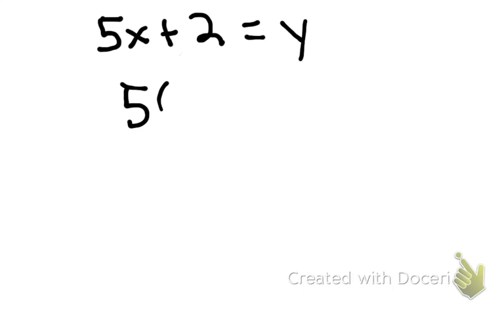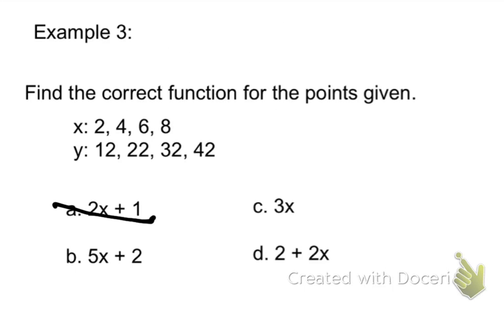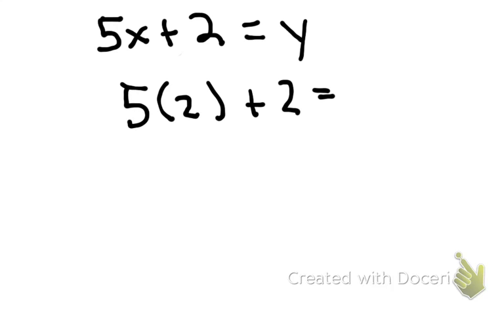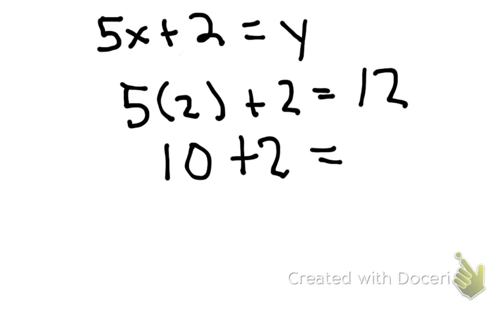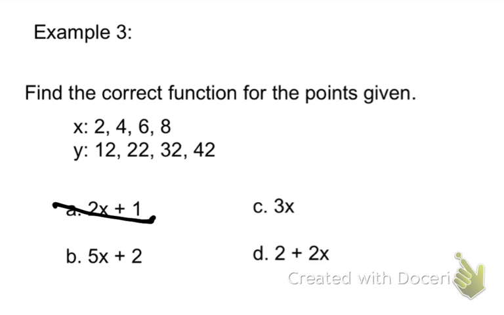So 5 times 2 plus 2 equals, and the y is 12. 5 times 2 is 10 plus 2 equals 12. 12 equals 12, so that does work. So for this one, B is the answer. So obviously C and D are not the answer. Let's go to the next slide.